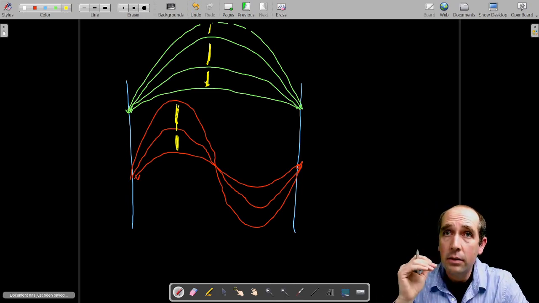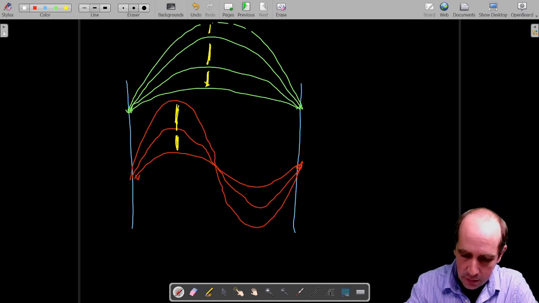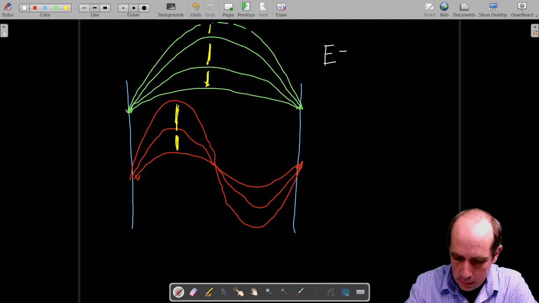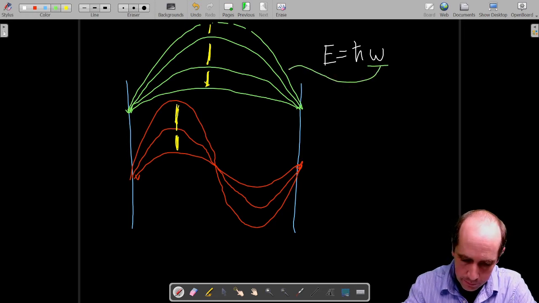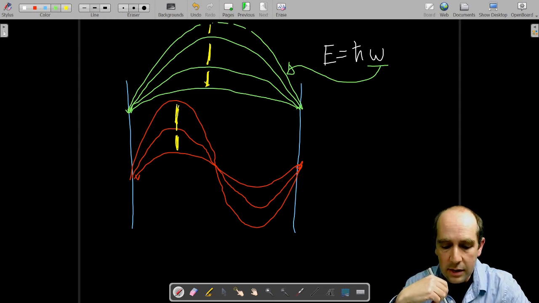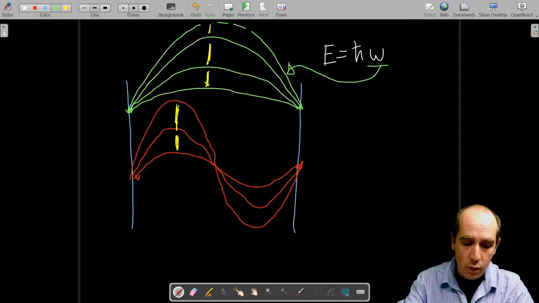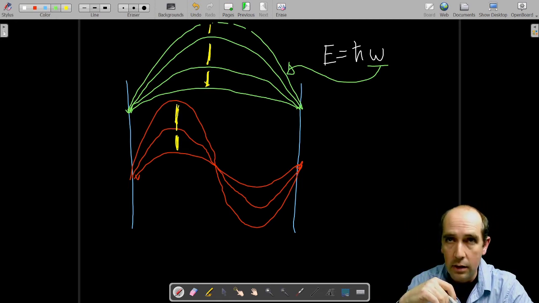And first of all, this has several implications. I'll draw again the collection of energies that each one of the modes can acquire. So the energy is equal to h bar omega, where omega in the case of the green mode here will be the frequency that corresponds to this wavelength, the green wavelength, so half a period in the cavity.